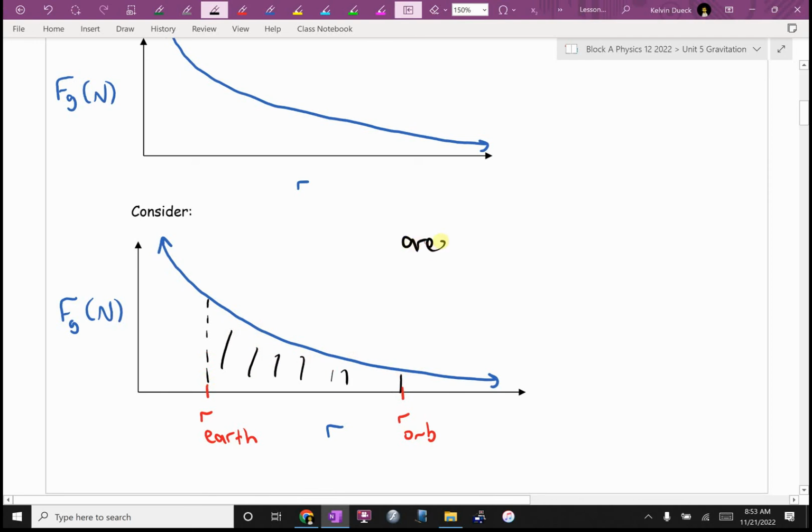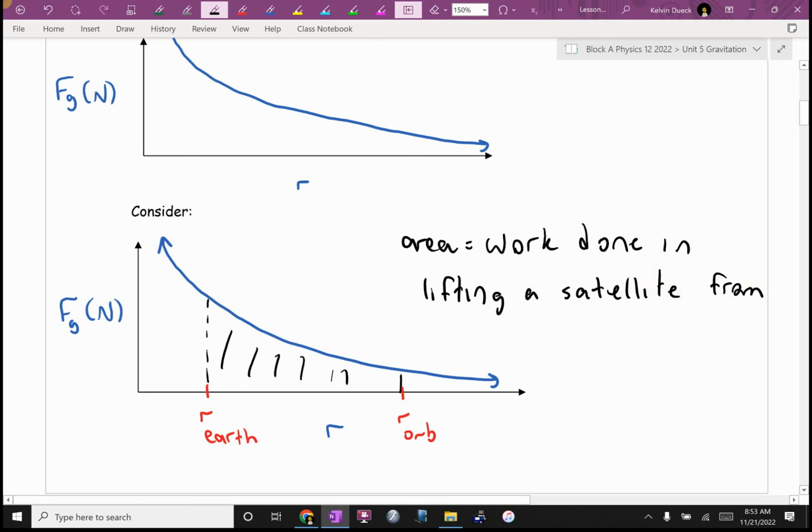This area is the work done in lifting a satellite from the surface of Earth to orbit.